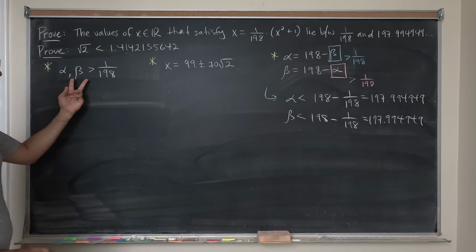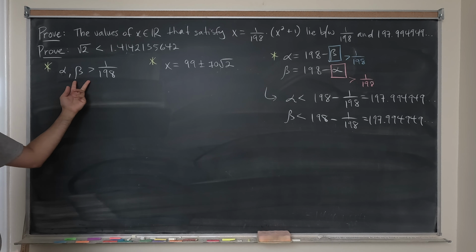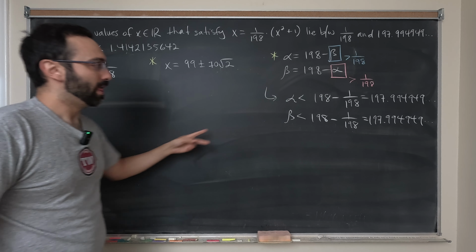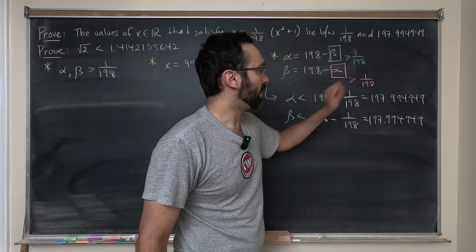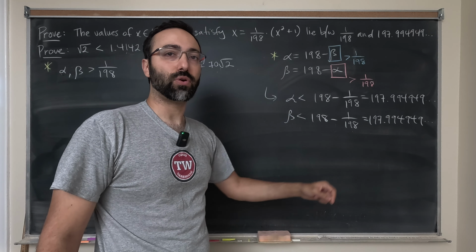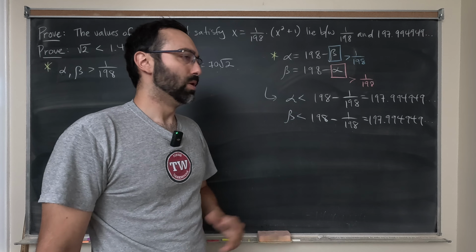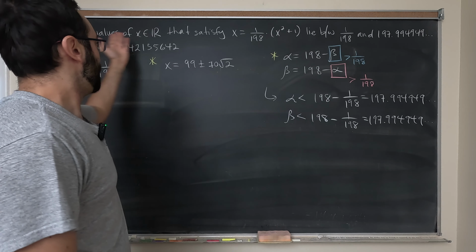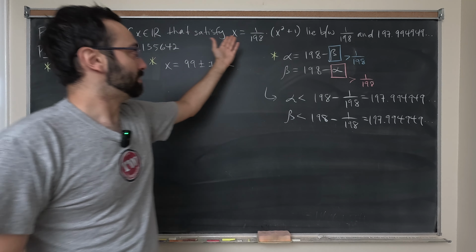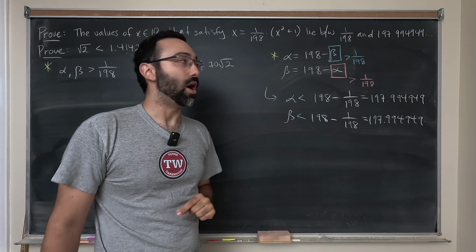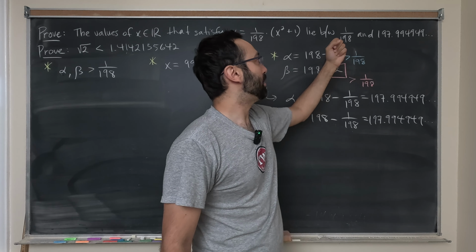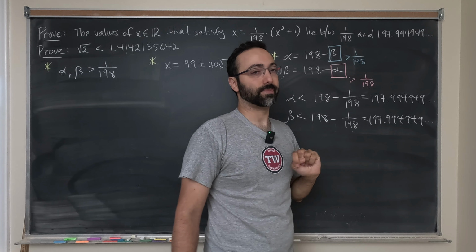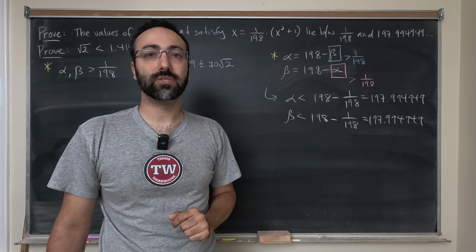We have alpha and beta, the values that satisfy our quadratic equation, being greater than 1 over 198, and alpha and beta each being less than 197.99494949, etc. Okay, good. So the values of x that satisfy this equation, yes, they are between this value and this value. They are greater than this, but less than this. Good, so that part of the proof is done.